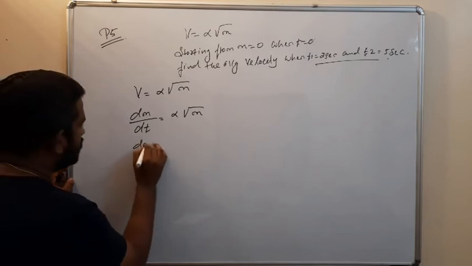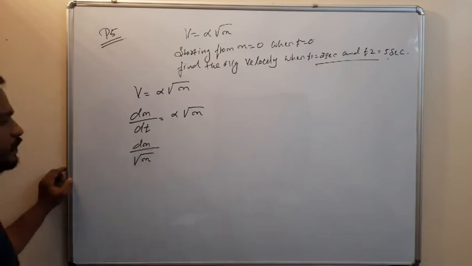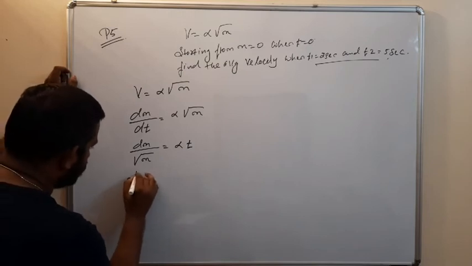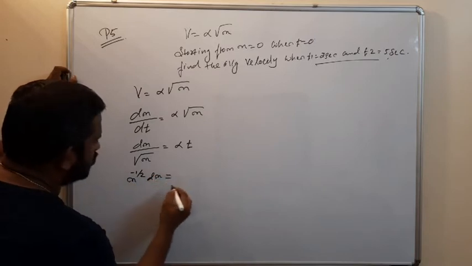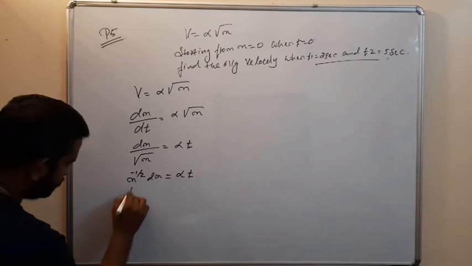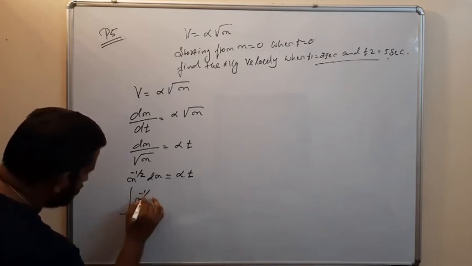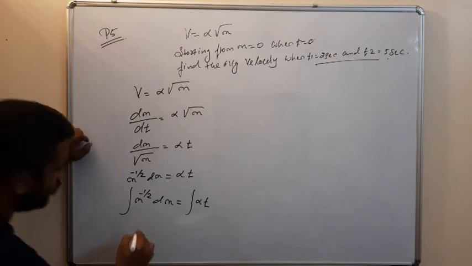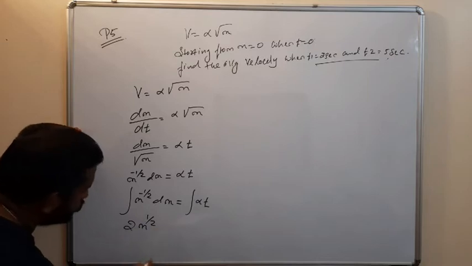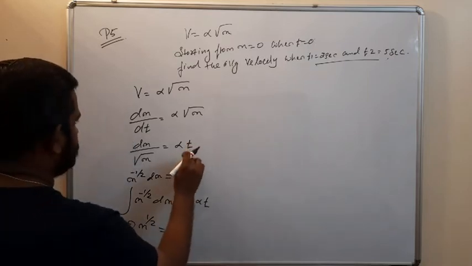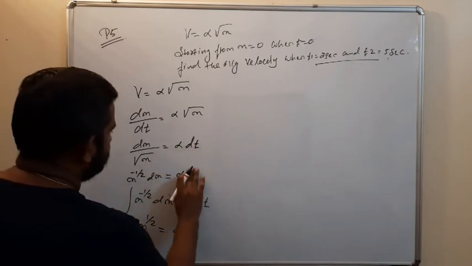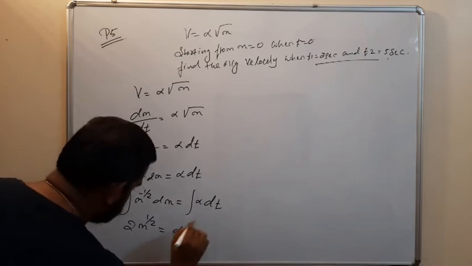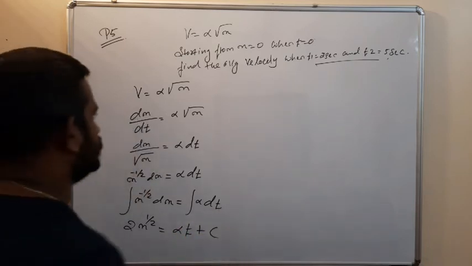Arrange the variables: dx by root x is equal to alpha dt, so x power minus 1 by 2 into dx equal to alpha dt. Integrate: the integral of x power minus 1 by 2 dx equal to the integral of alpha dt. So 2 x power 1 by 2 is equal to alpha t plus constant of integration.